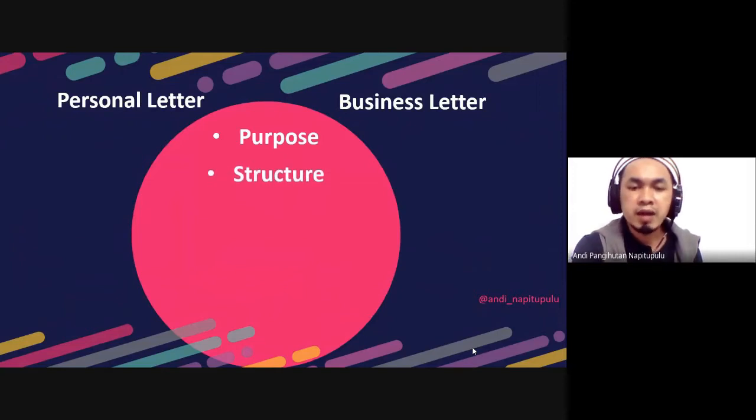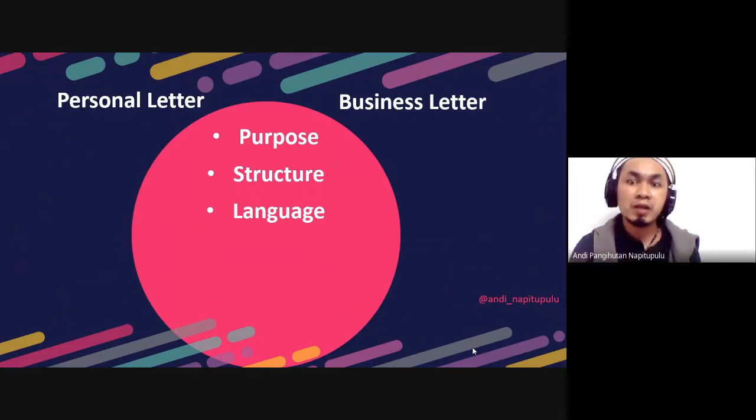The second one is the structure. Of course, in a personal letter the structure is informal, but in a business letter it's formal. What about the language? In a personal letter you can write slang, but in a business letter you must write in formal language, okay?